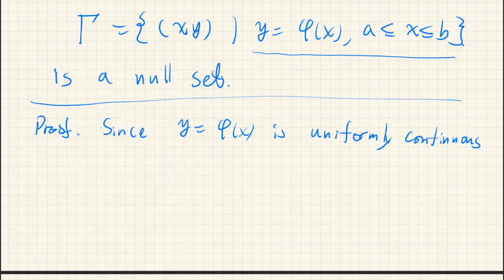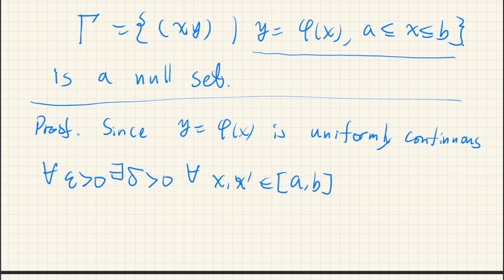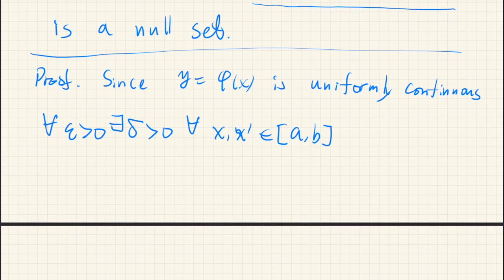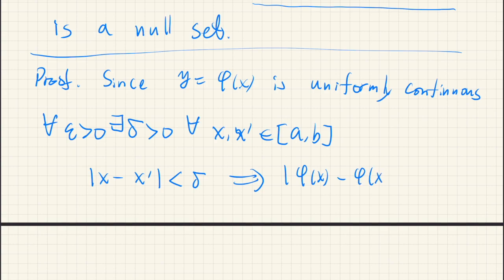For any epsilon, there exists a delta such that for all x and x prime in this interval, if the distance between x and x prime is less than delta, then the difference between phi of x and phi of x prime is less than epsilon over b minus a.